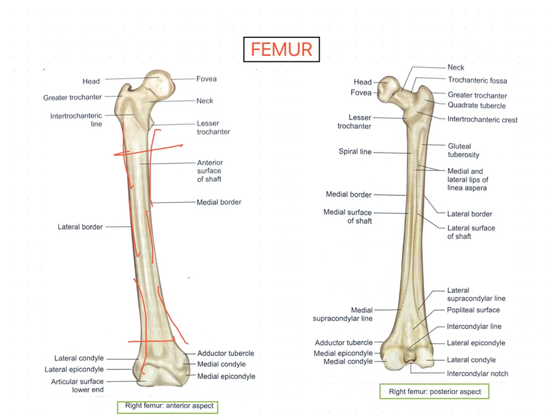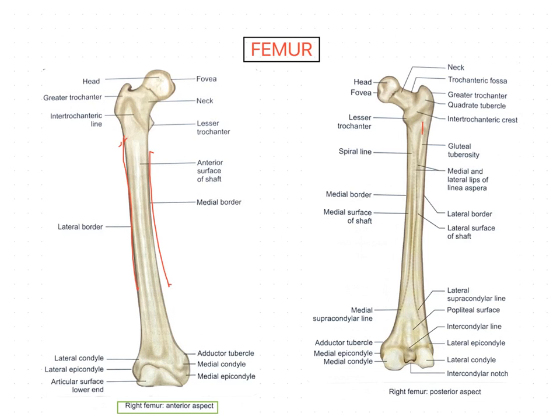Now we will see the borders of the bone. You can find here the lateral border, the medial border, and the posterior border on the posterior aspect.